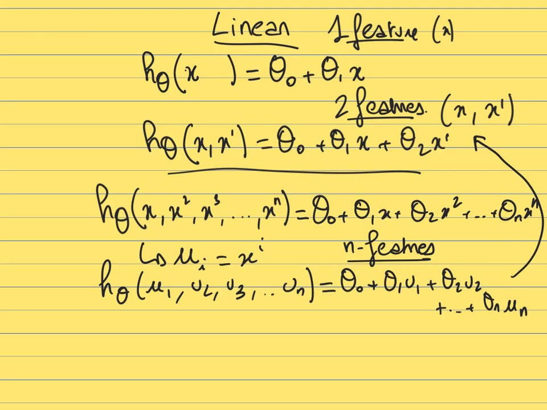You can apply linear regression, but rather than doing it in only one dimension, as a function of x, now you will do it in n dimensions with n different features, which means that now you will have a model that can depend on n different features. And if you take those features as being different powers of x, then it means that now you have the ability to fit a function y as a nonlinear model that can be a complex polynomial of x up to a given degree n.